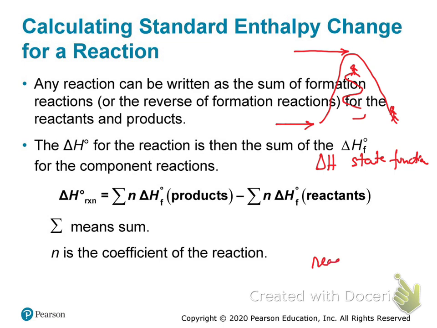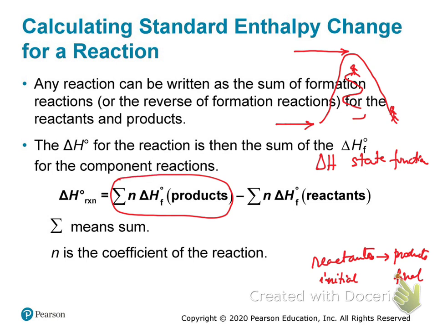When we have a chemical process, we begin with the reactants and we end with the products. So reactants are the initial condition and products are the final condition. If you look at the equation in boldface, what do we have? We have information about products, which means final condition, minus information about reactants, which means initial condition.